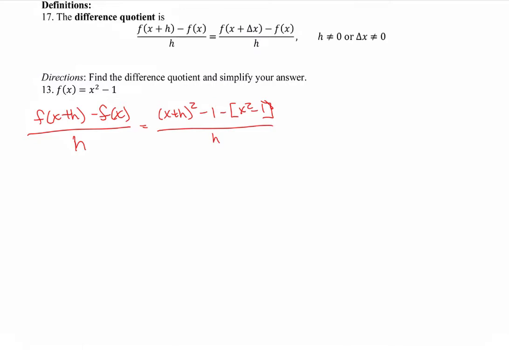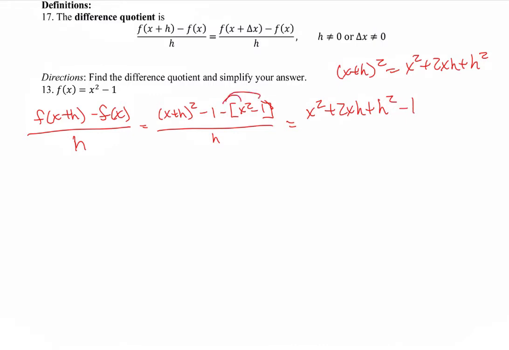Well, you need to remember, what is x plus h squared? Remember from before that that's x squared plus 2xh plus h squared. We're using a plus b squared. So when we multiply that out, we get x squared plus 2xh plus h squared minus 1.